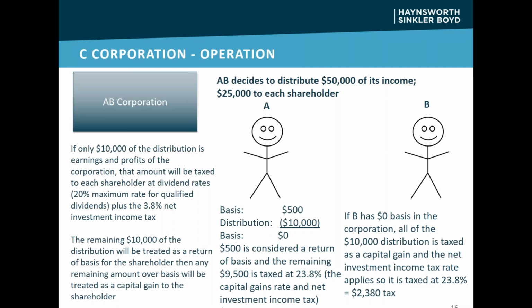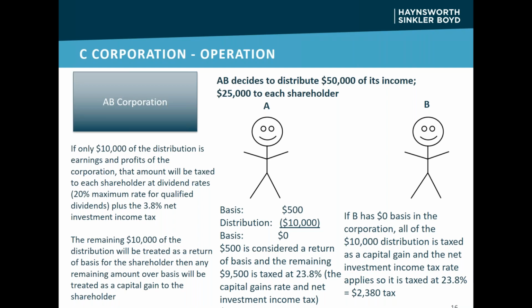And then B, here we're changing B's basis down to 0 just for purposes of demonstrating a different effect. So there's no basis for B to recover. So all of the $10,000 distribution is taxed as a capital gain, and the net investment income tax also applies.